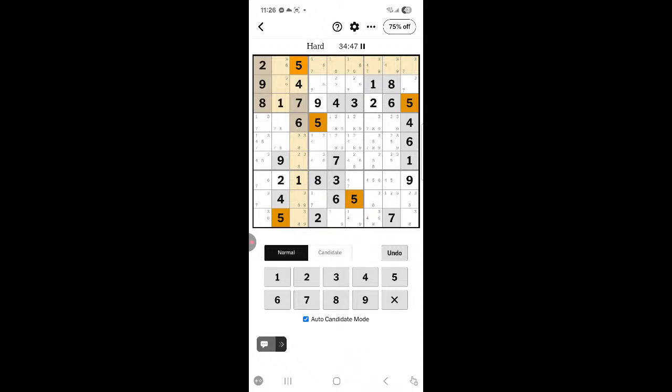Wait, did things change? I think they did. The 7, 8 pair means 8 cannot. Also means 7, if 7, 8, then 7 cannot in that box.